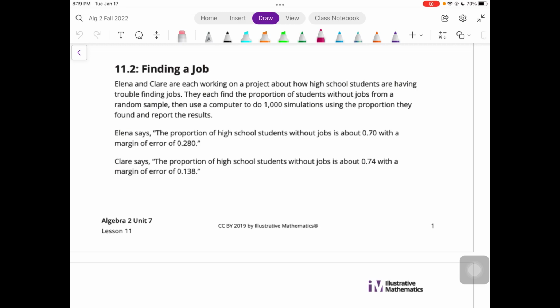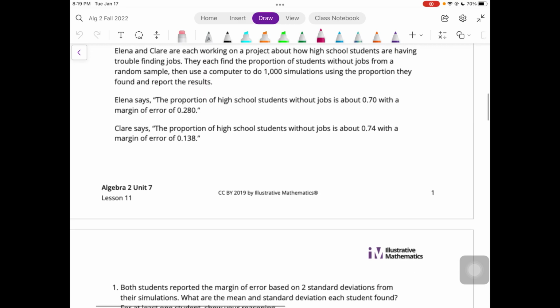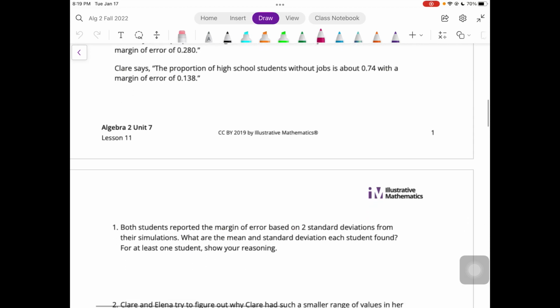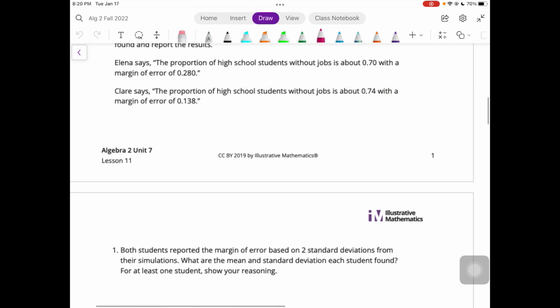Elena says the proportion of high school students without jobs is about 0.70, with a margin of error of 0.280. Claire says the proportion is about 0.74, with a margin of error of 0.138. Both students reported the margin of error based on 2 standard deviations from their simulations.